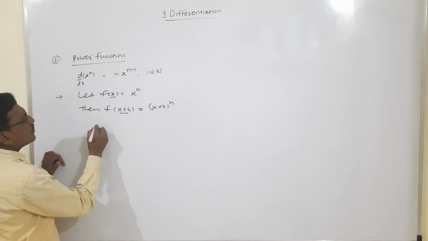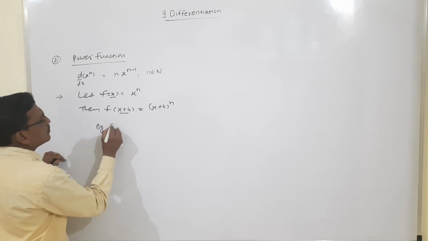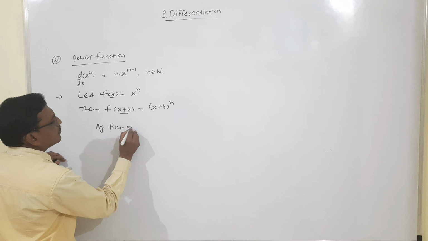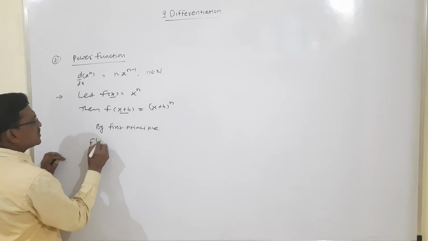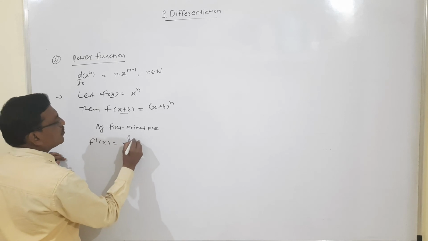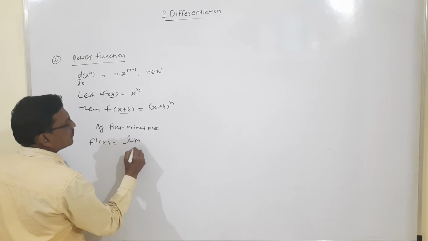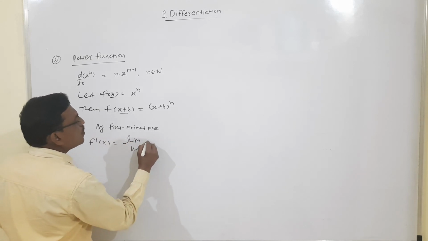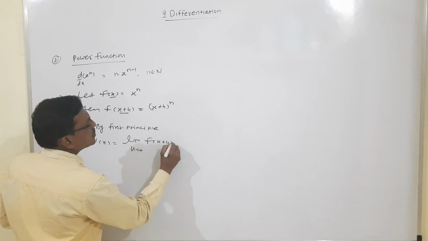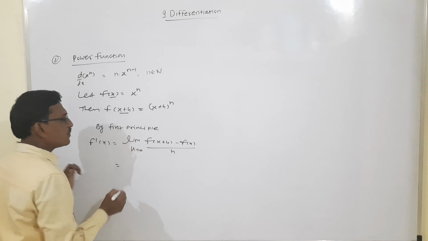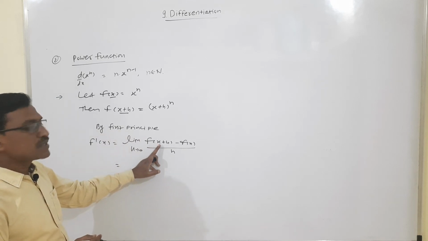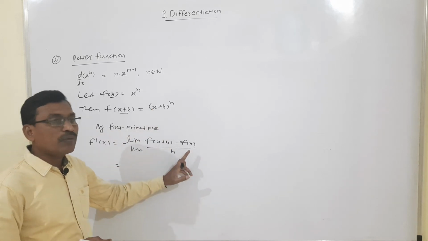Okay, then by the first principle, f dash x is equal to the limit as h tends to 0 of f of x plus h minus f of x upon h. Substitute the value of f of x plus h and f of x here.